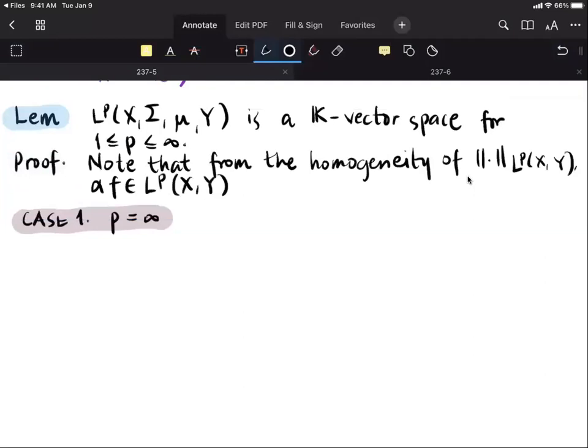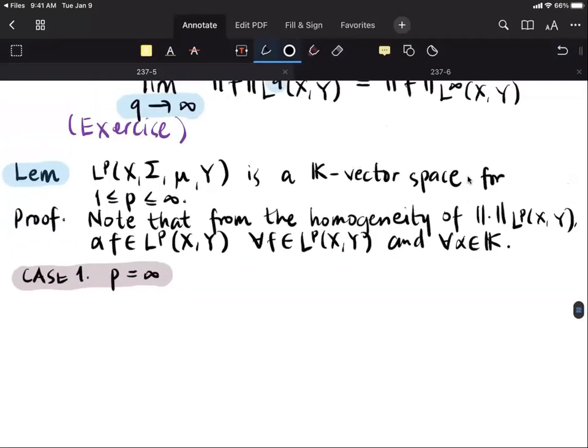For every f in LP and for every scalar alpha. Of course, one has to check strong measurability of alpha times f, but that can be easily shown.